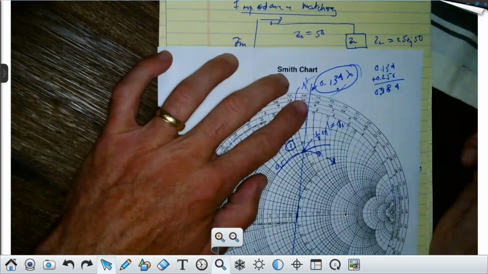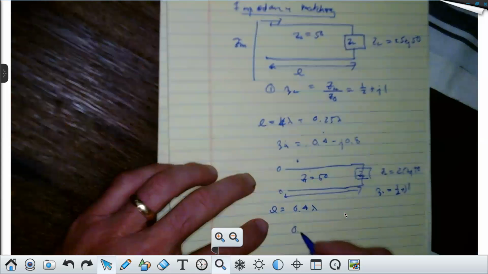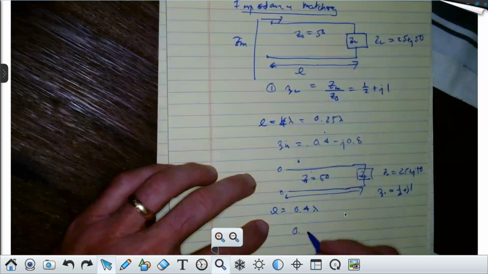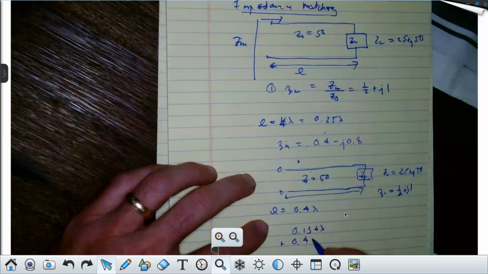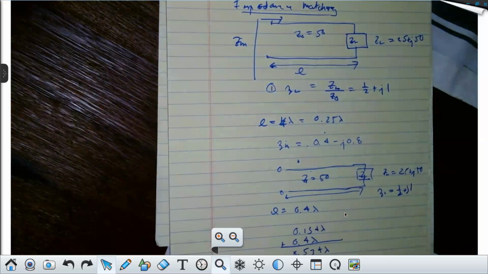I'm going to add that additional distance. So I'm going to say 0.134 lambda plus 0.4 lambda will give me 0.534 lambda, right? Y'all see that? Now here's the thing.